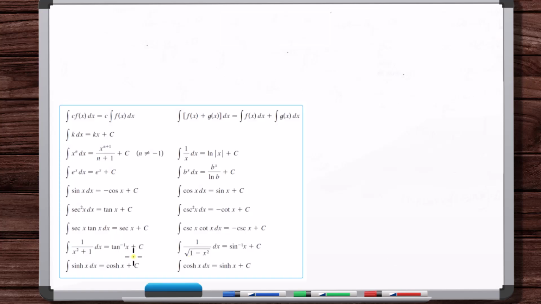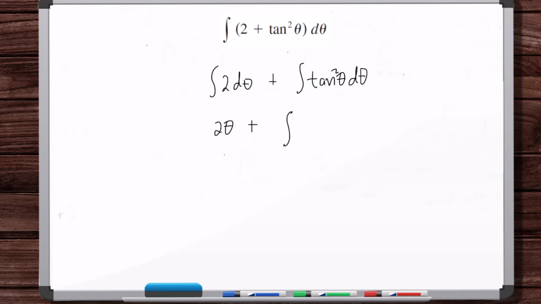Let's see. Well, we know that they give us an antiderivative of secant squared, okay? And so with trig properties, we know that secant squared theta is equal to 1 plus tangent squared theta. So tangent squared theta is secant squared theta minus 1.